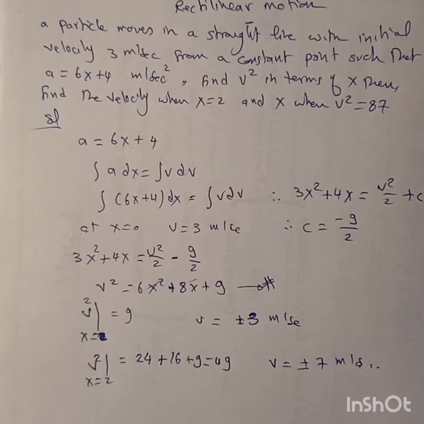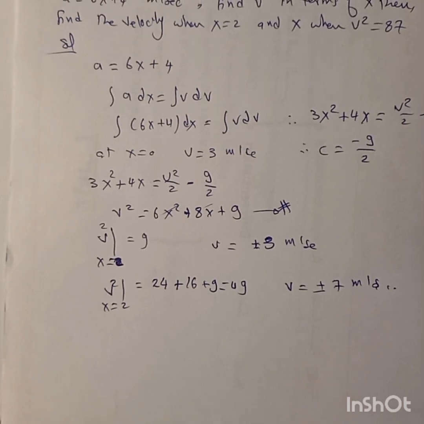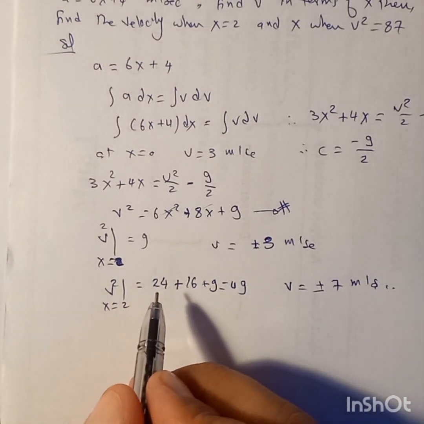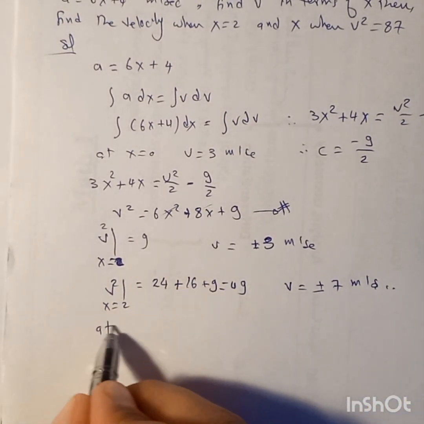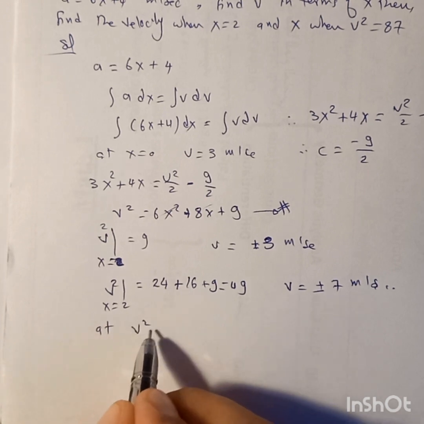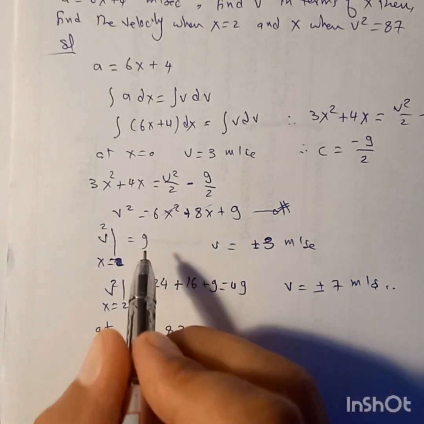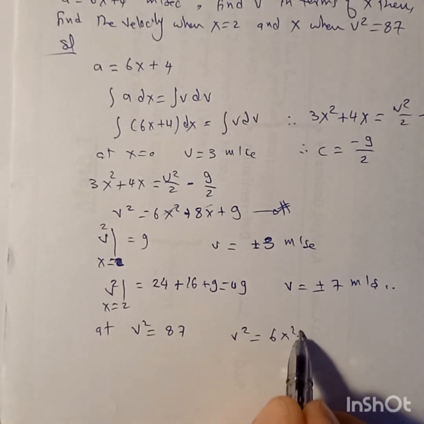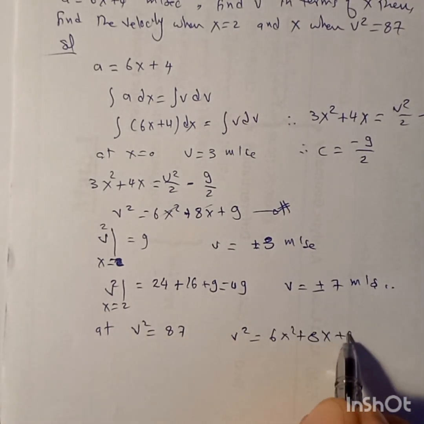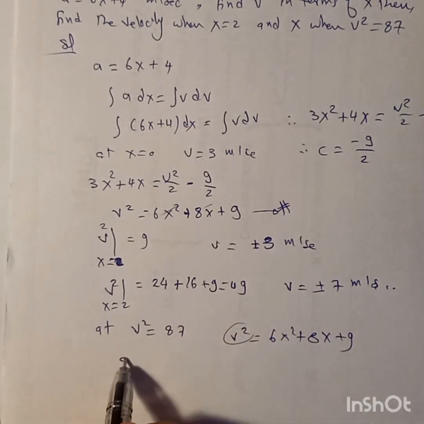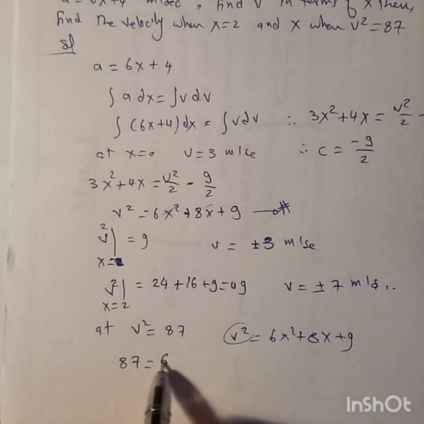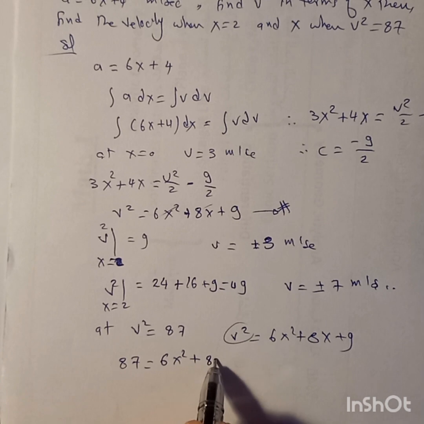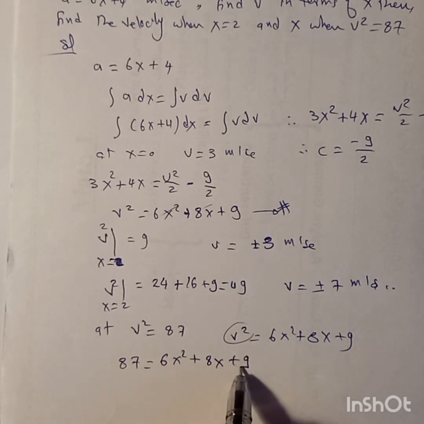Finally, it's required to find x when v squared equals 87. At v squared equals 87, we can substitute into v squared equals 6x squared plus 8x plus 9. So 87 equals 6x squared plus 8x plus 9.